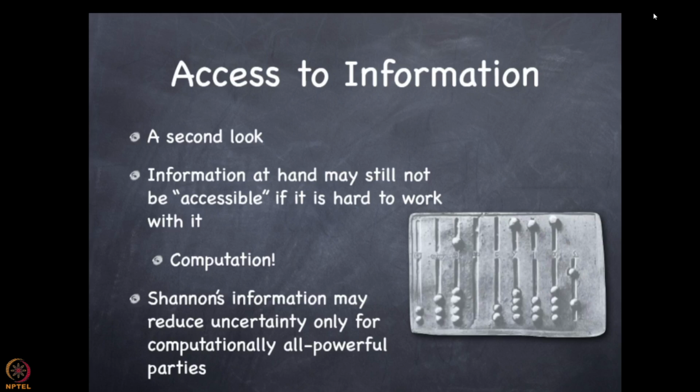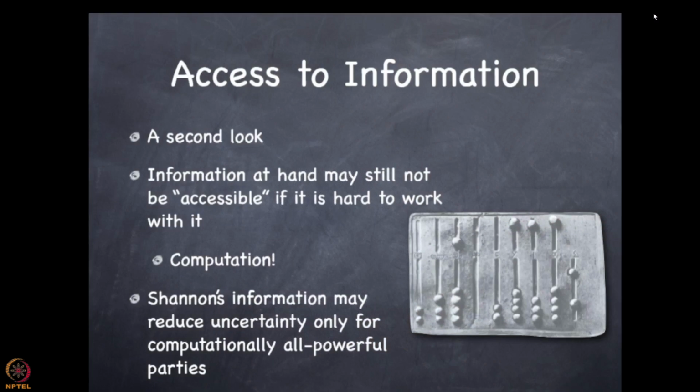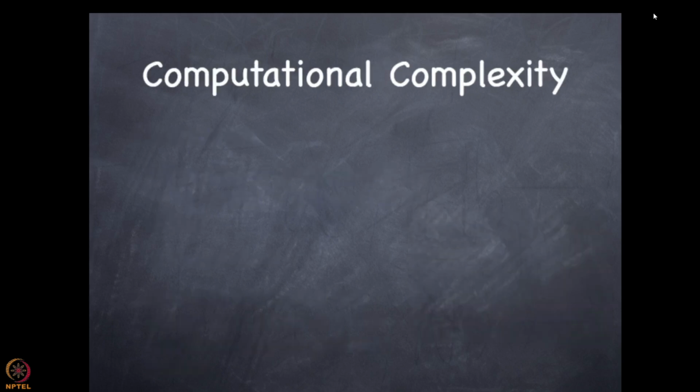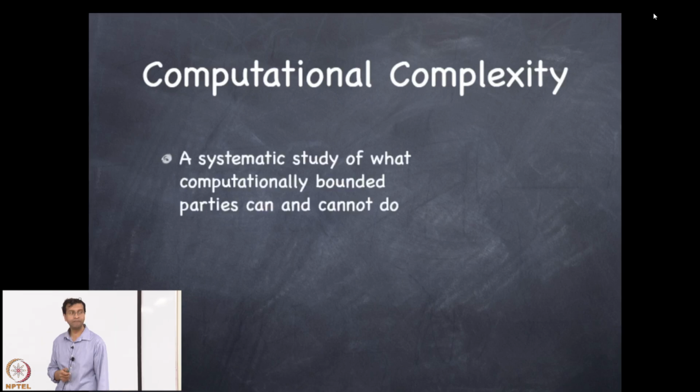Even if you say all the atoms in the known universe run for the whole lifetime of the universe, there's only so many steps of computation they can take, all running in parallel as if they're computers. So as long as that whole universe cannot break or make use of this information, we'll say that information is inaccessible. That's where computational complexity comes in.